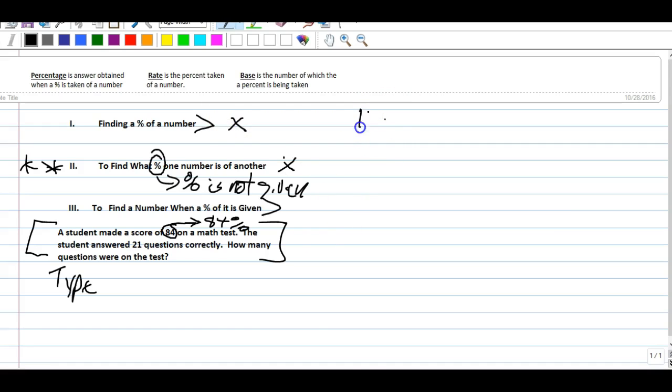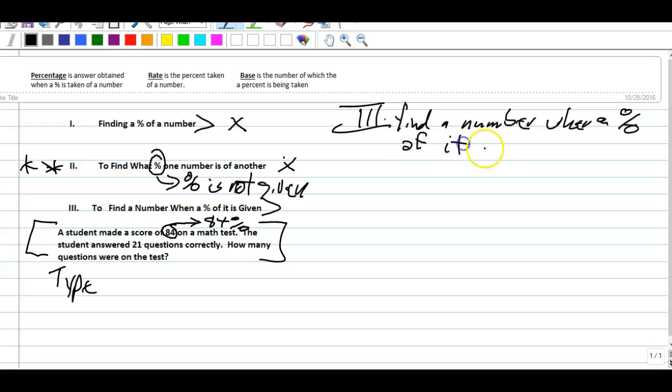So this is actually a problem where we need to find a number when a percent of it is given. If I use my rules, then what I want to do is change my percent to a decimal number.